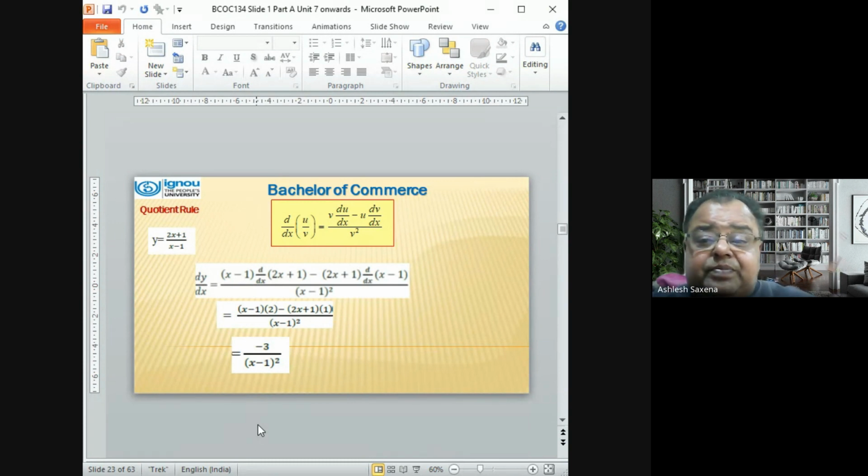Is that clear? Have you understood the concept? Because this is what we will be doing throughout the differentiation. Just have a look at it and let me know where the problem is.